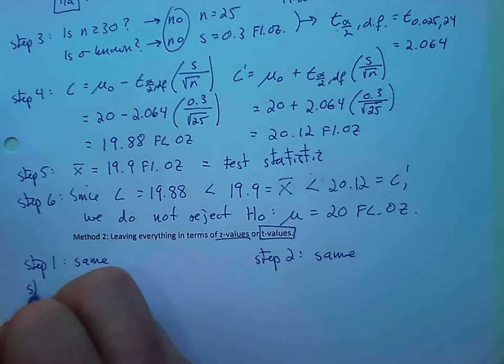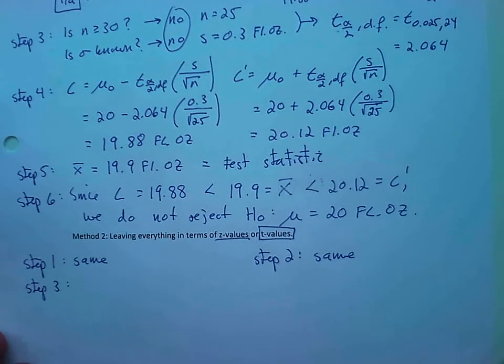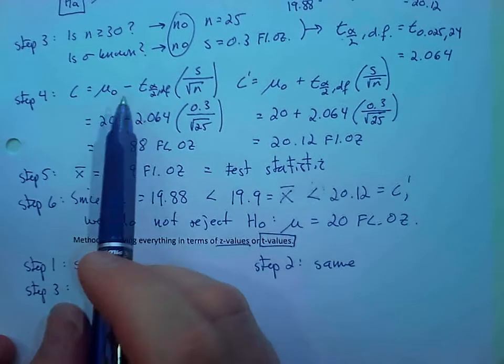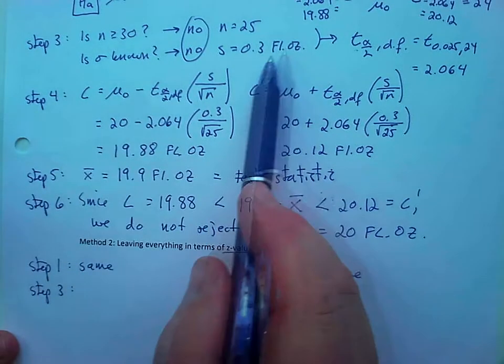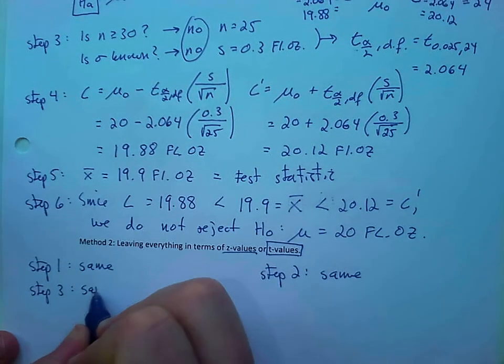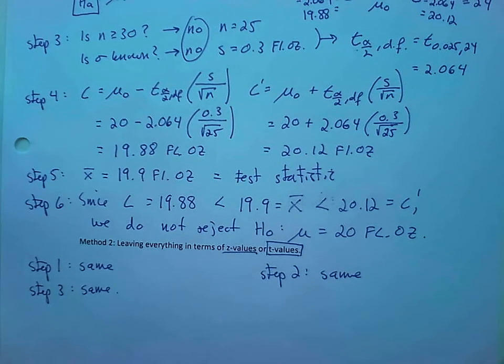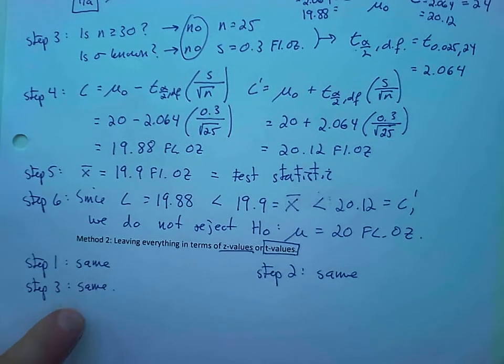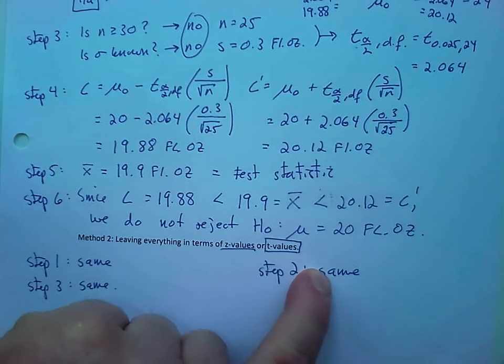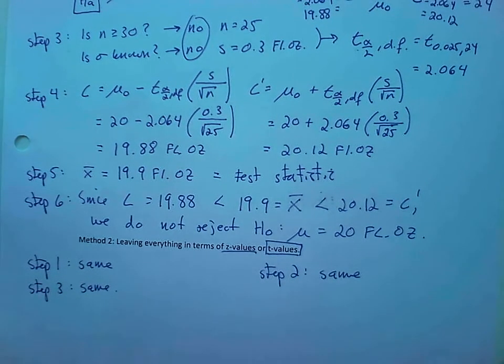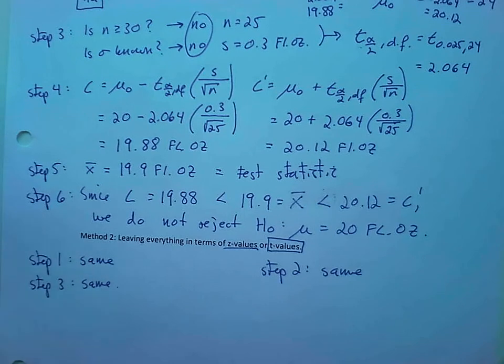In step number 3 for method number 2, when we're trying to determine if we're using z or t values by answering these two questions, that also stays the same. Now let me pause here for a second and say this. I'm saying that these three things are staying the same. If we ever start off with method number 2 first, you shouldn't just be writing down same.